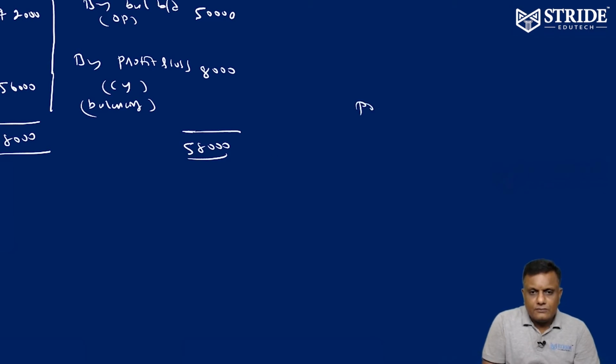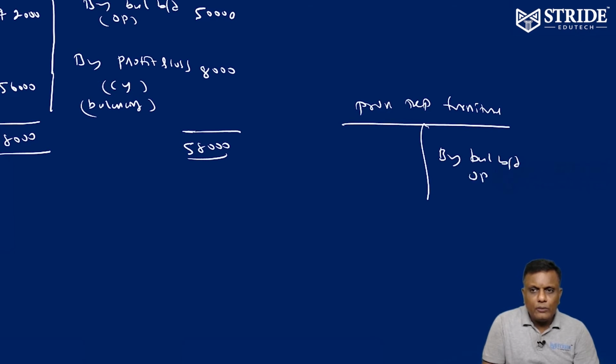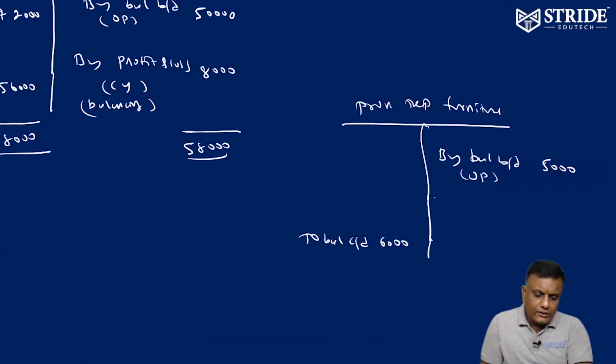Similarly, provision for depreciation of furniture. Again provision for depreciation is always a liability. So by balance brought down, that is going to be opening, 5,000. So to balance carried on, closing 6,000, right.